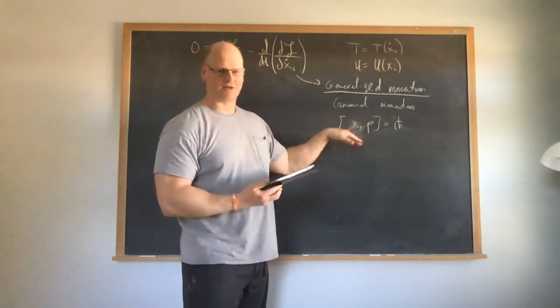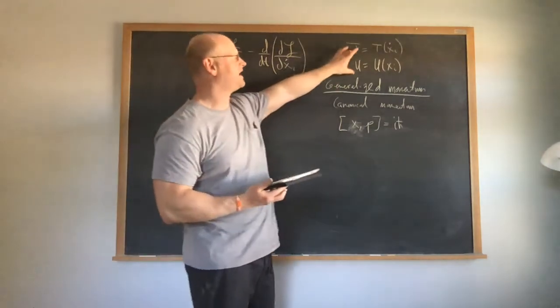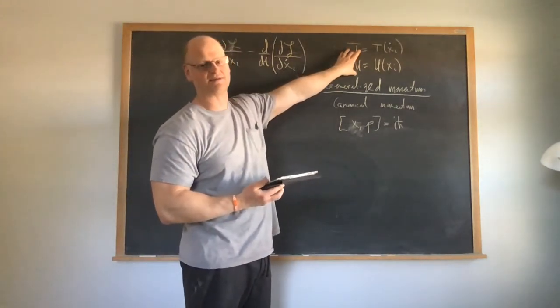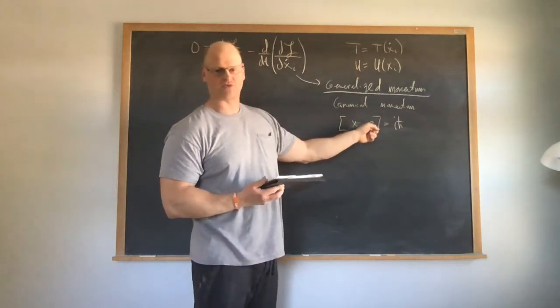So typically you have to be a little bit careful working in whatever system you're working with. If your potential does have a term which is velocity dependent, i.e. it depends on x dot, then this is not going to be the usual kinetic momentum.